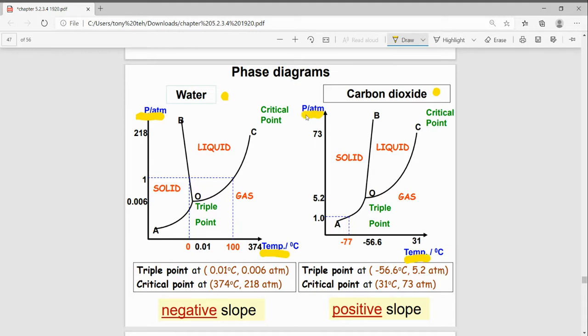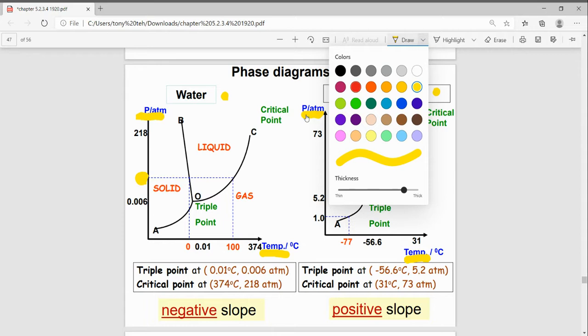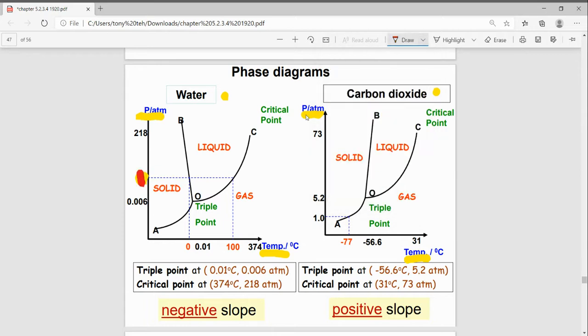Next, for water, 1 atm is above the triple point, whereas for carbon dioxide, the 1 atm is below the triple point. So these two you have to be very careful.